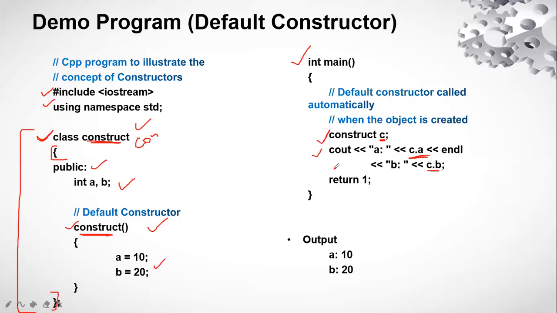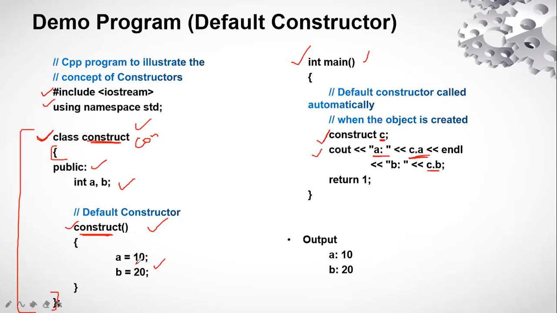Return 1. Why return 1? Because this is the integer main program, so it has to return a value. So return 1 or return 0. Then the curly braces are closed. When I execute this program, the output will be a colon 10. It prints a colon and then c.a, and the value of c.a will be 10.